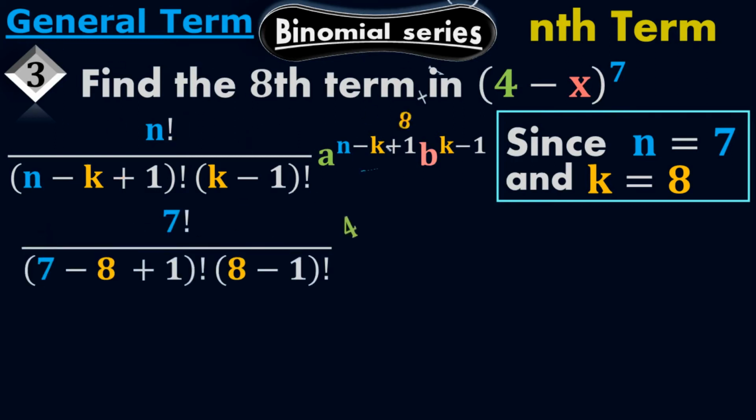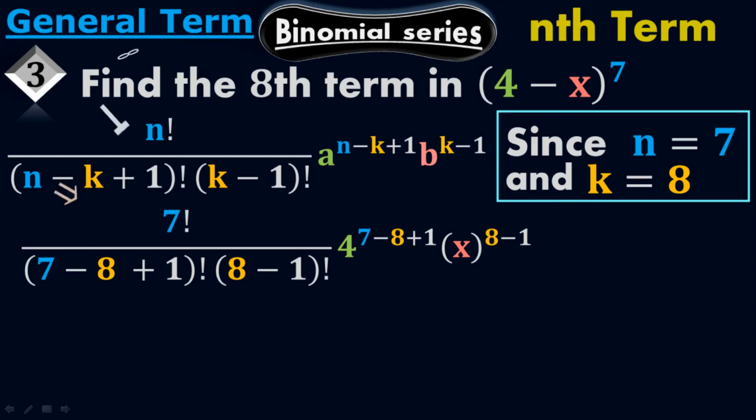We're going to have 7 factorial over 7 minus 8 plus 1 factorial times 8 minus 1 factorial, times 4 to the 7 minus 8 plus 1, times x to the 8 minus 1. Look, my n is 7, so plug in 7 all the way for all the n's. My k is 8, so plug in 8 for all the k. My a is 4, and my b is x.